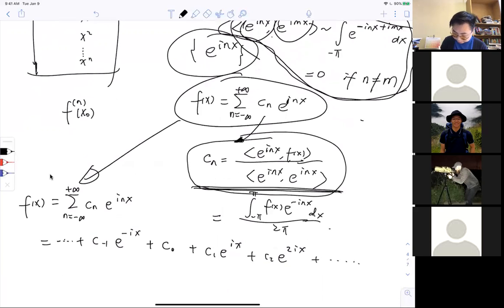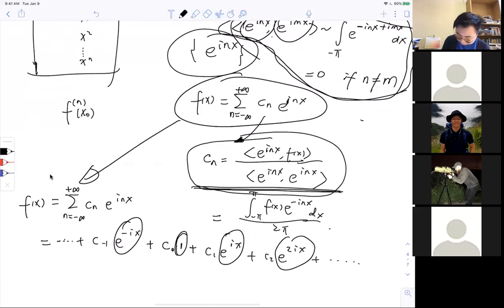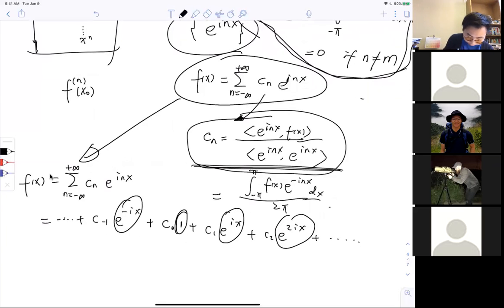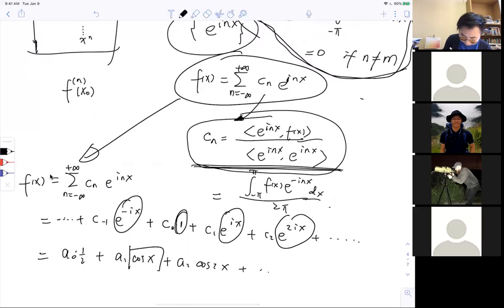So what I'm saying here is this is the basis, this is the basis, this is the basis. This 1 is also a basis. They are orthogonal to each other, similar to what we have. Of course, you can expand it in terms of a naught plus a1 cosine x plus a2 cosine 2x. So this is the basis, and this is the basis. They are orthogonal to each other.